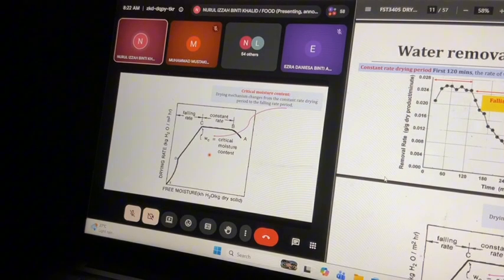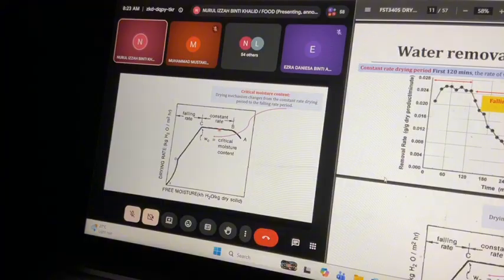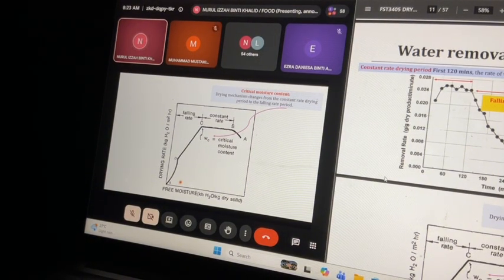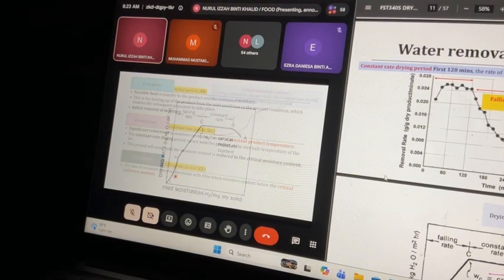To identify the falling rate, constant rate, critical moisture content, and equilibrium, you can plot moisture content versus time, drying rate versus time, and drying rate versus moisture content. Then you will be able to identify when it becomes constant, when it becomes falling, and you can know the critical moisture content and also the equilibrium moisture content.